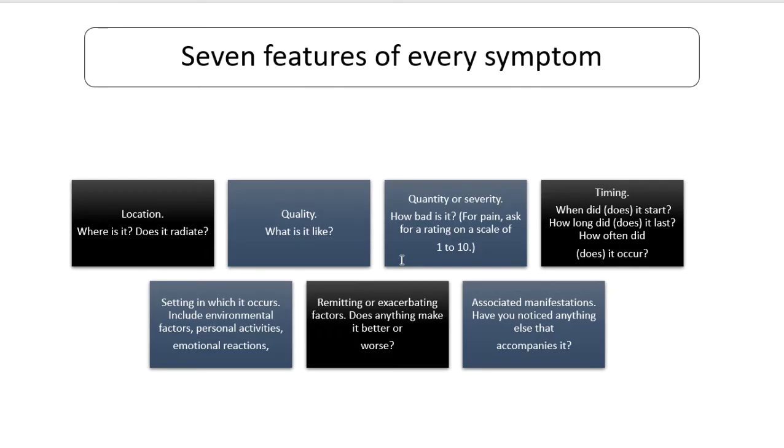When you talk about abdominal pain or any pain, you have to ask these features of every symptom, right? This is very important in analyzing. So in the history of presenting complaints, what is the first thing I told you? Symptom analysis. When you analyze these symptoms, you have to ask these questions, right? Good.